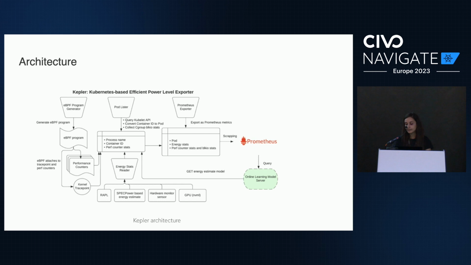This is the online learning model server, and then the energy estimate model goes back to Prometheus, and it gives you perfect metrics which you can view using any fancy dashboard like Grafana. So this is how the Kepler architecture looks.